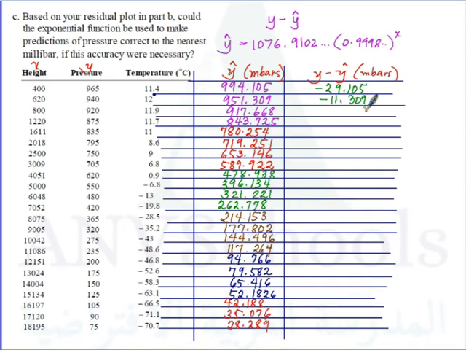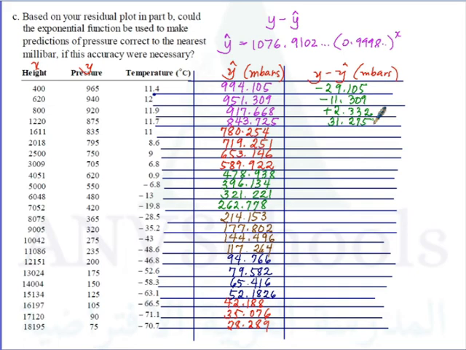What about 920 minus 917.668? That is 2.332, positive. Okay, we have 875 minus 843.725 equals 31.275.